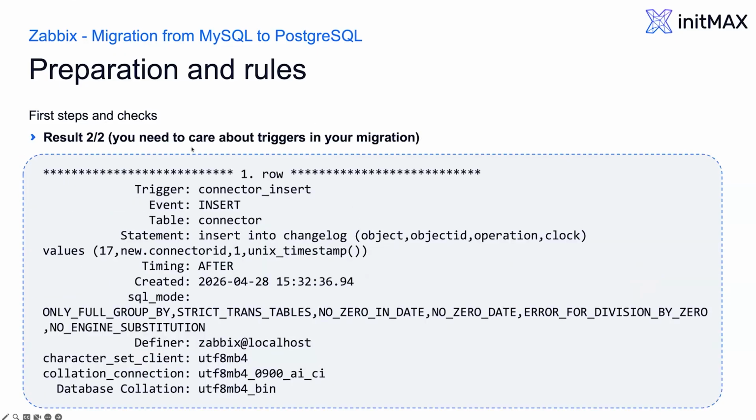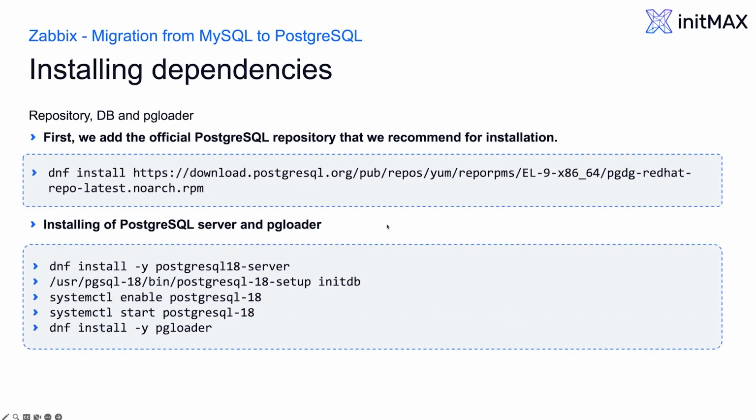Second result, you need to take care of the triggers in your migration. And this is the copy paste from my same installation of Zabbix 8.0, which I did 2 days ago. So in this case, we need to follow through all of the commands that we're going to have in the presentation.